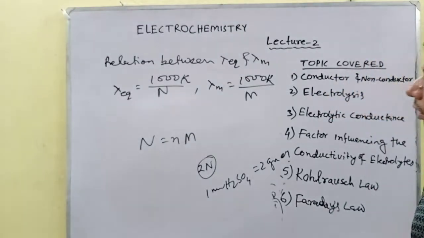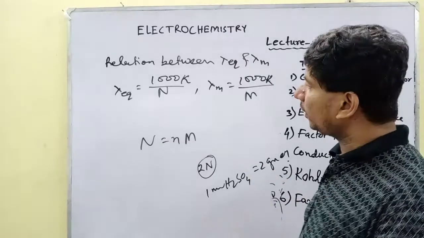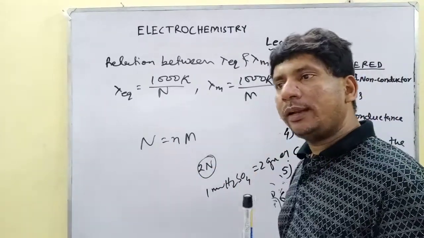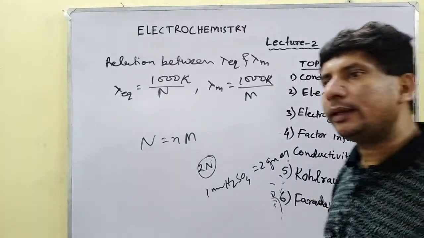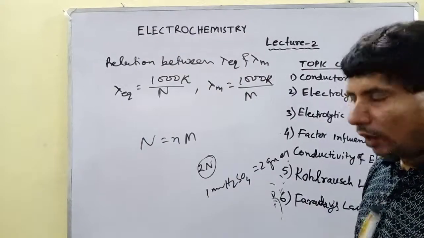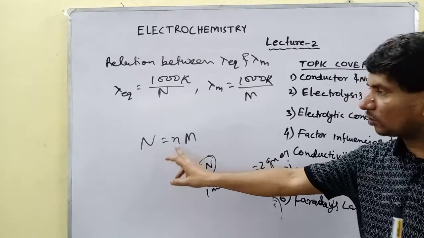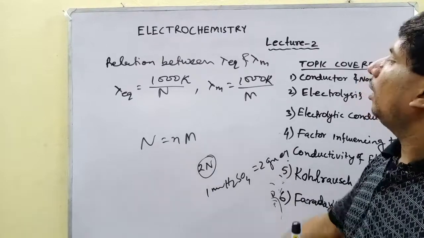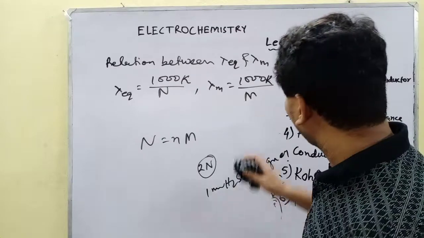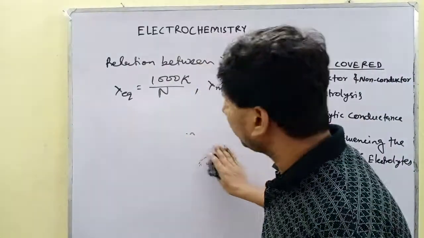That's mean normality is equal to n factor of molarity. So normality and molarity, since it is n factor, small n factor, then we can replace any one. If we say normality by molarity, then what happen?